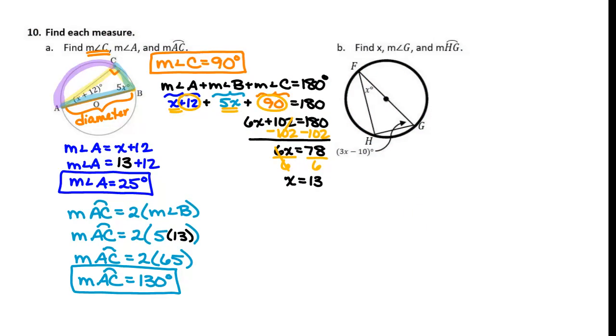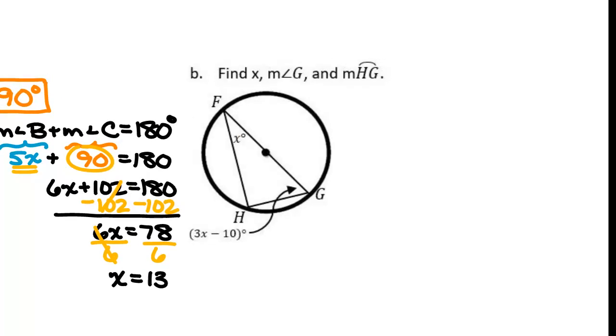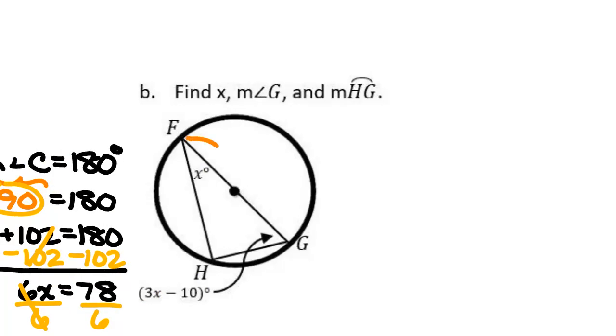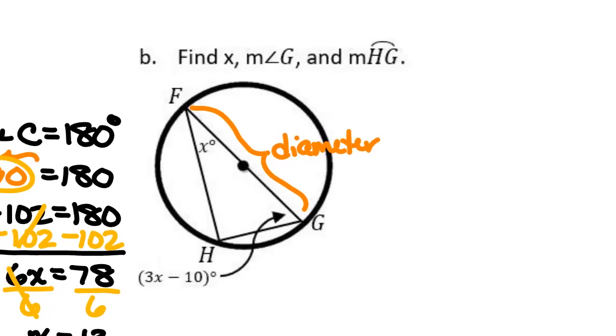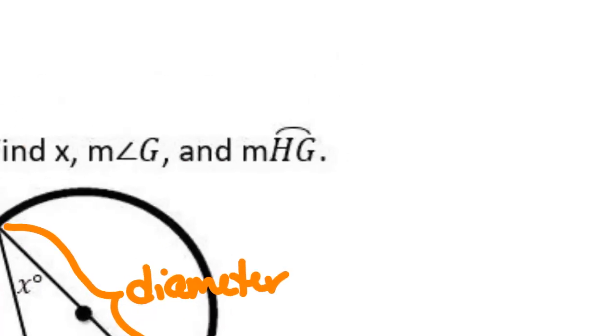All right, we found everything on number 10, part A. Let's go over to part B. Is there a diameter in the picture? FG is a diameter. What angle is intercepting that diameter? Angle H. So angle H would have to be a right angle.